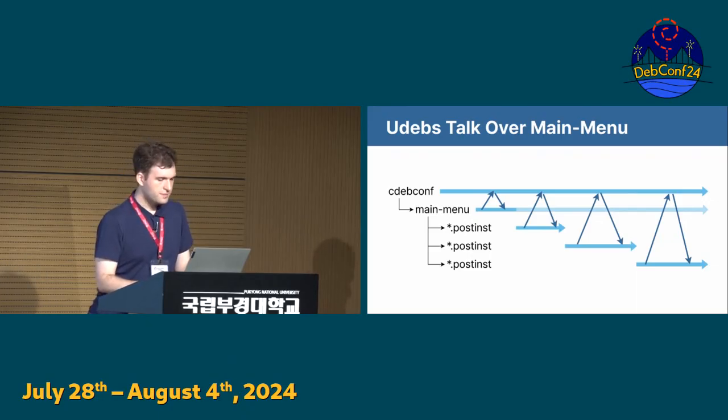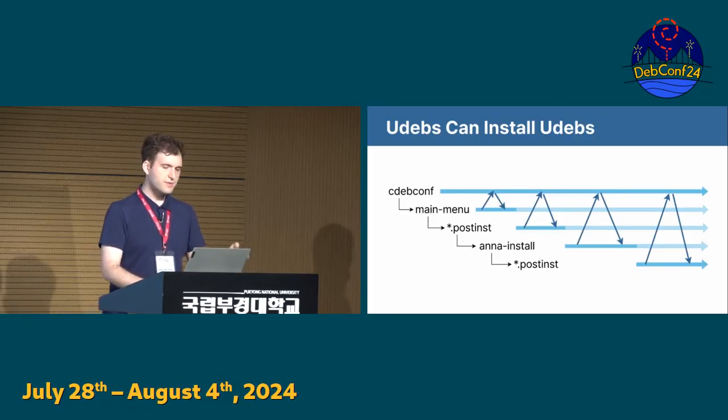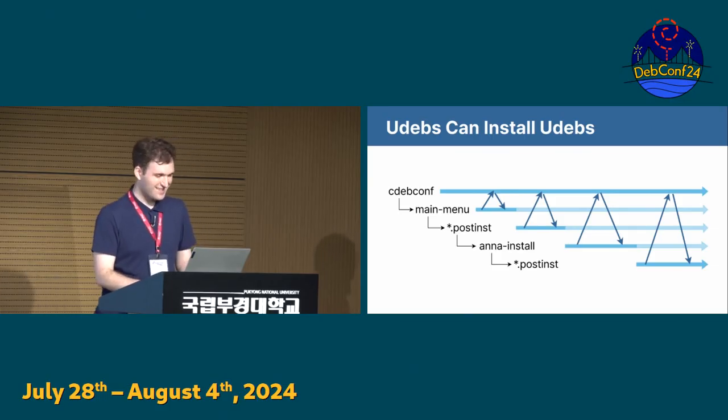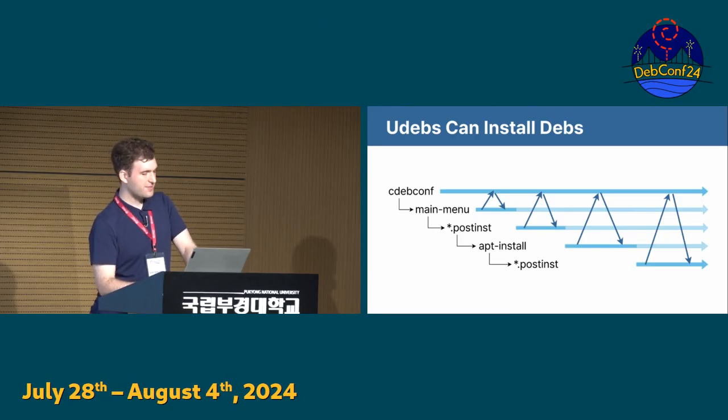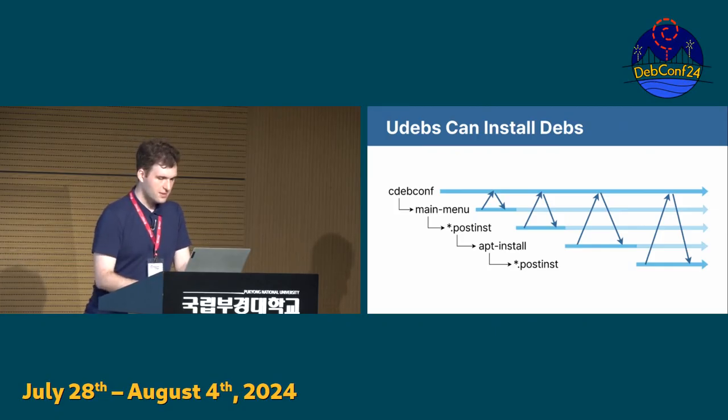A quirk is that these udebs can also install other udebs, so we have this recursive descent of madness. Then eventually these udebs can install actual packages onto the system, which can ask users questions. This is an important point.